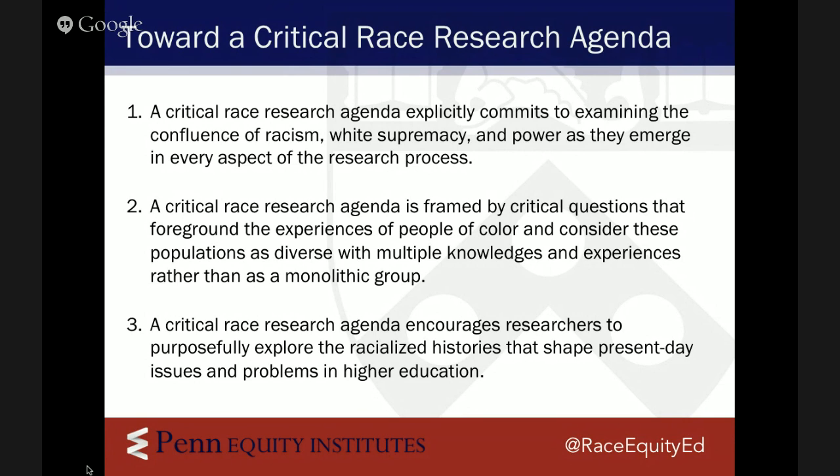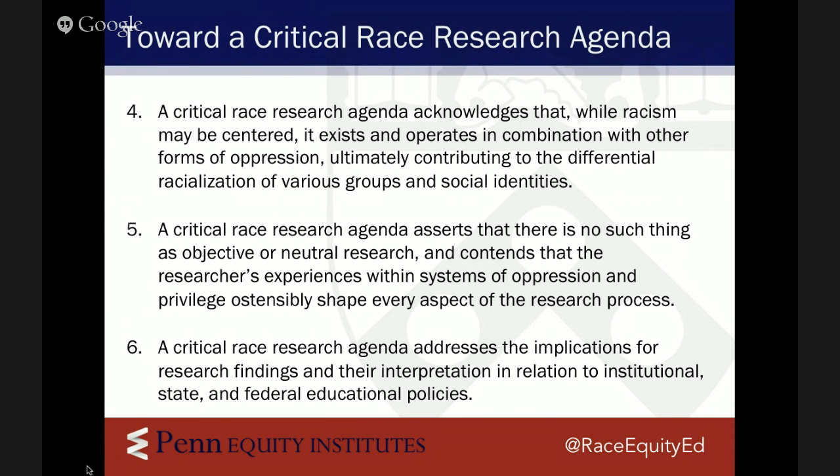A critical race research agenda encourages researchers to purposefully explore the racialized histories that shape present-day issues and problems in higher education. So with any topic that you're doing, I think it's important to provide a critical historical perspective. This type of agenda acknowledges that while racism may be centered, it operates in concert with other forms of oppression that contribute to differential racialization of various groups.